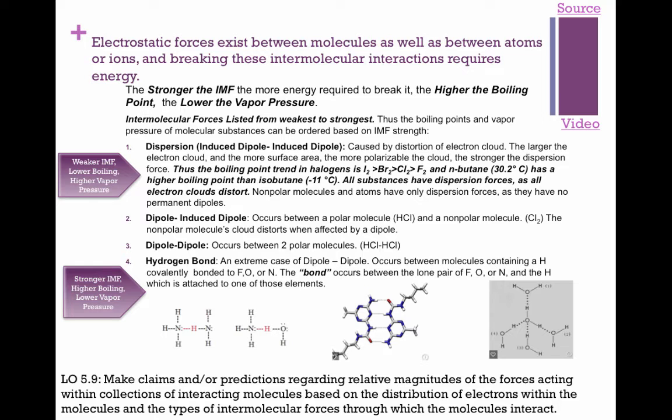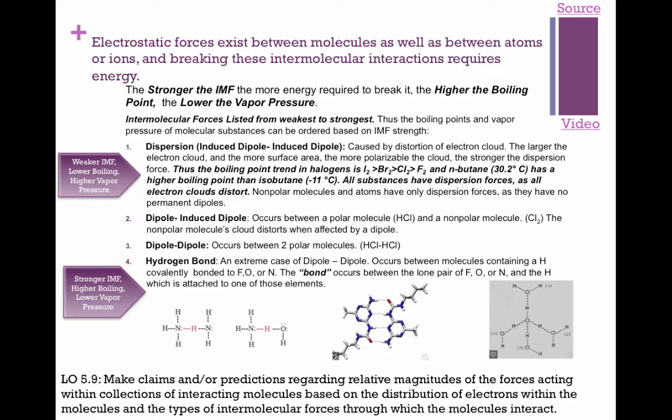This was a question on the multiple choice on the practice today, and a lot of people flipped it. If it says greatest to lowest vapor pressure, remember, vapor pressure is just the pressure above a liquid. So if it's a low vapor pressure, you don't have very much gas, so the liquid molecules are still pretty attracted to each other.